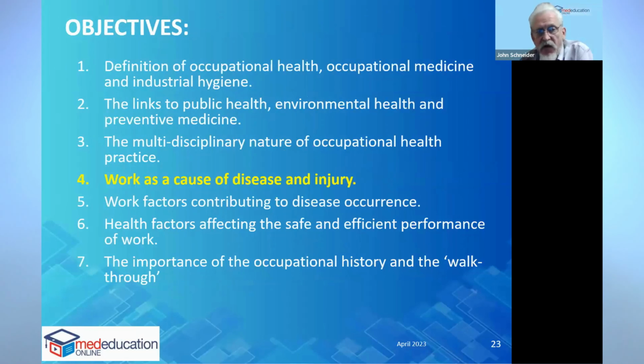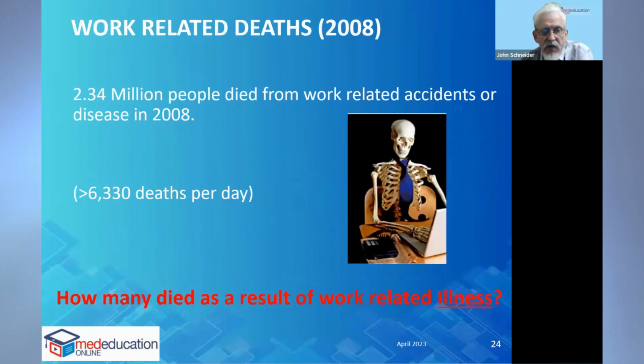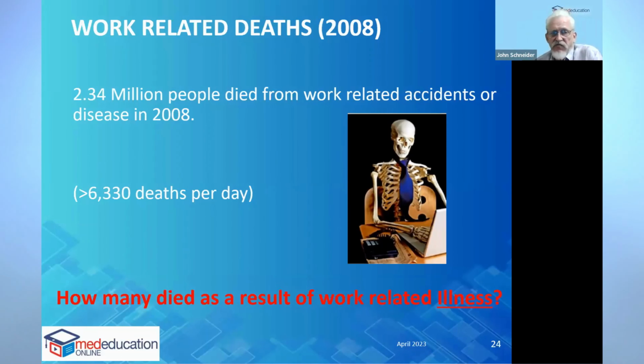Okay, so work as a cause of disease and injury. Moving on. This is some data, and I find using epidemiological data is something we need to be more and more aware of, and we need to make our actions and explain our ideas and recommendations using epidemiological information.